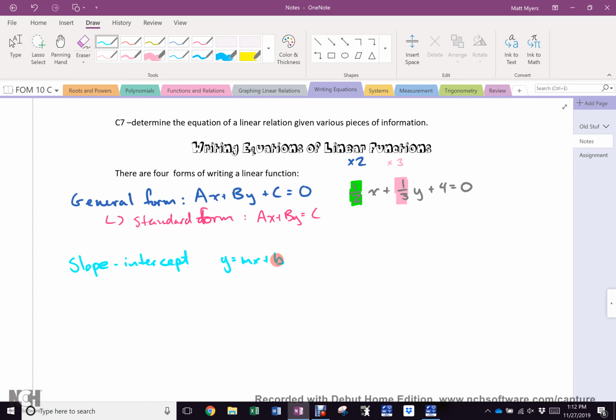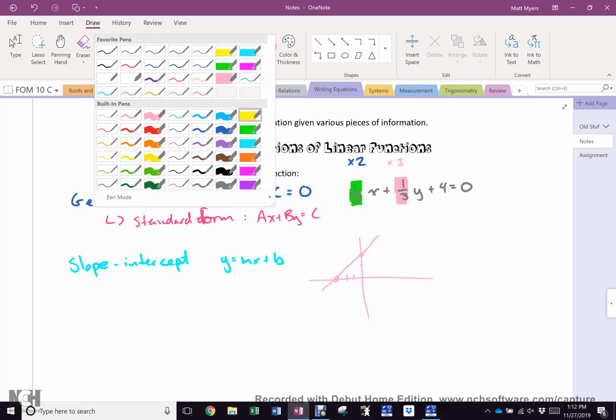Like if I graphed this, you could put that into slope-intercept form super easily. Even if you think you can't, that's what we're going to spend today doing. So you'll be okay.